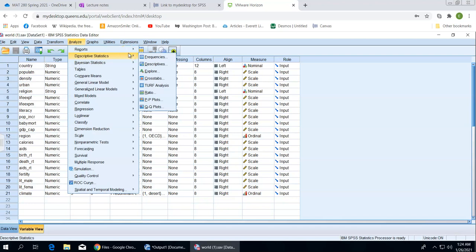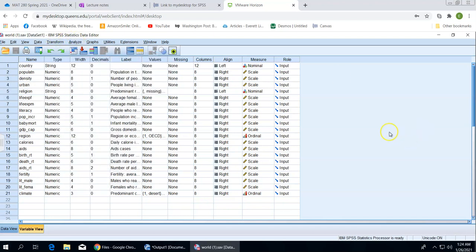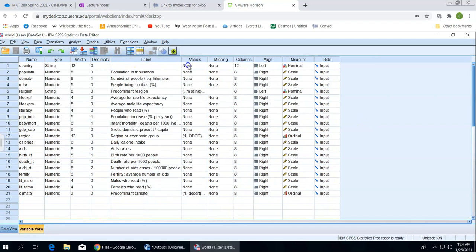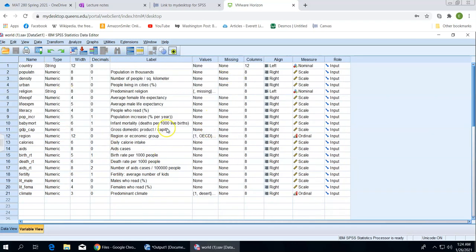First, let's look at the population density. So this data set has a lot of different information about different countries in the world. And one of the variables we're going to look at is this population density here, which is the number of people per square kilometer.